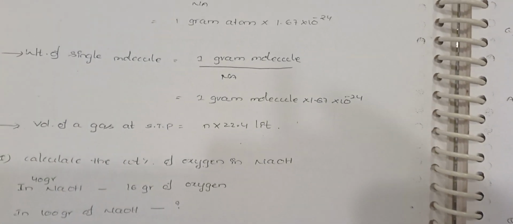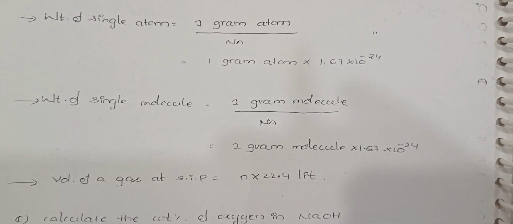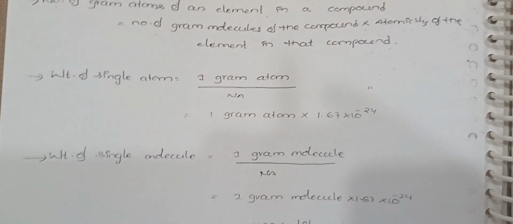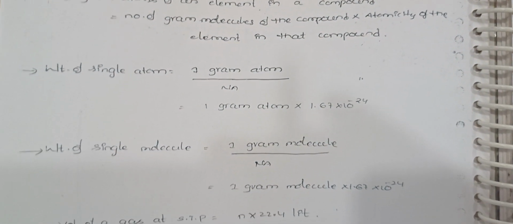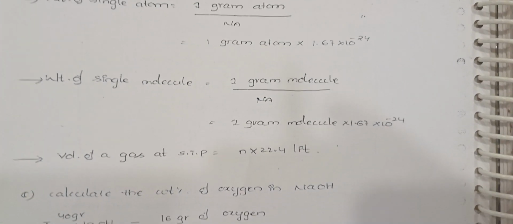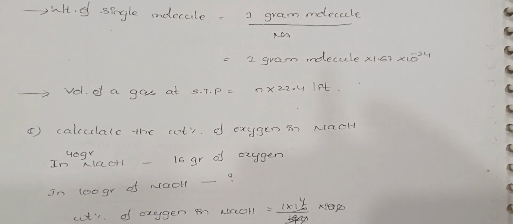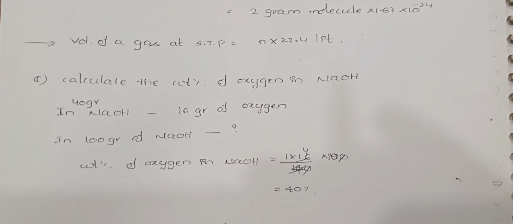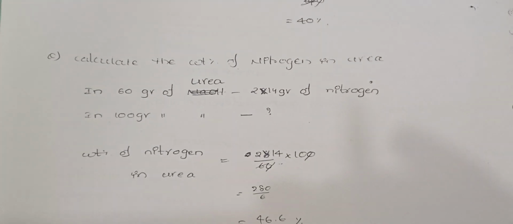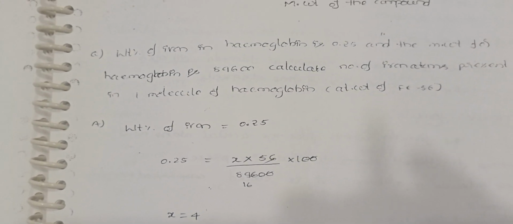So the number of atoms in an element in a compound can be given with this formula, right? Now, how to calculate the weight of a single atom and the weight of a single molecule. So just go through this one and take a screenshot. Here we'll be focusing on the remaining topics.